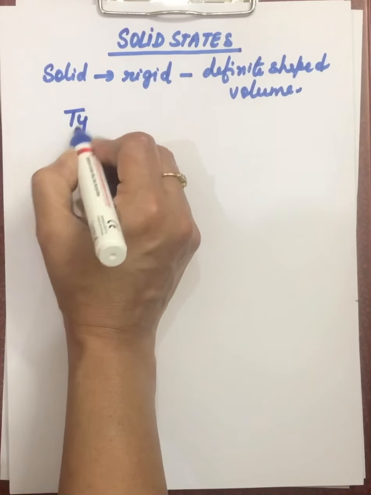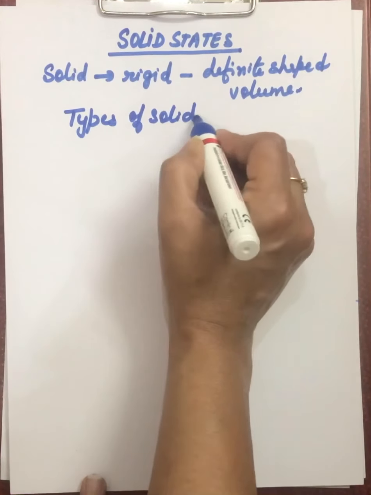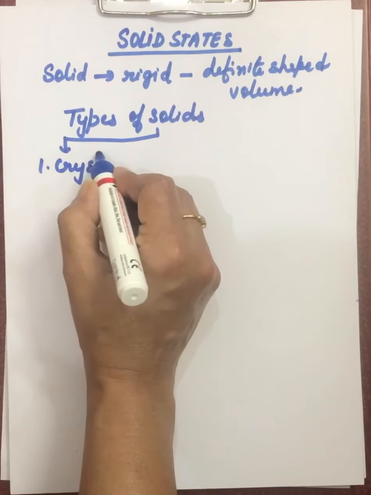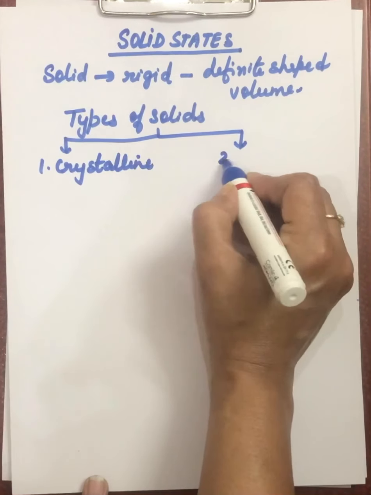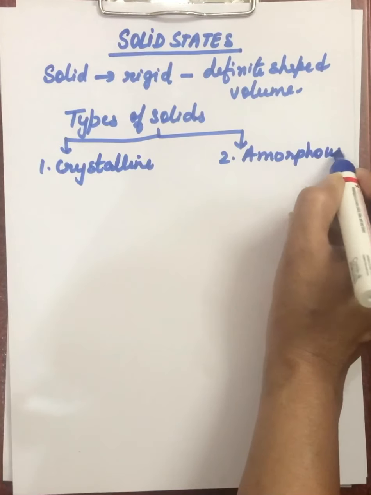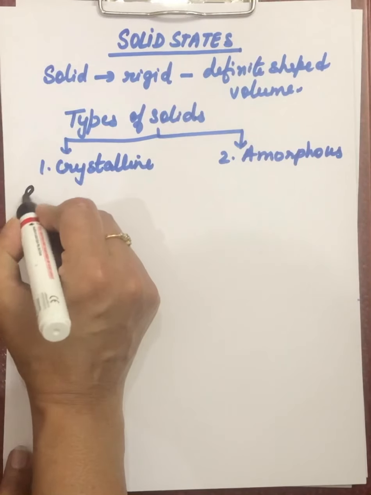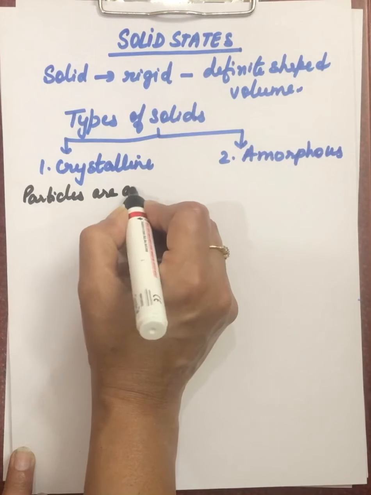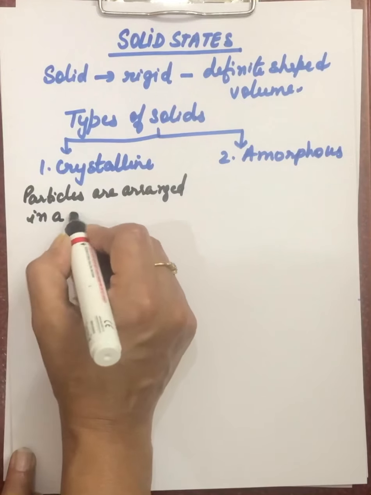Now, types of solids. Solids are of two types: crystalline solids and amorphous solids. Now, first is crystalline solid. In crystalline solids, the particles are arranged in a definite pattern.